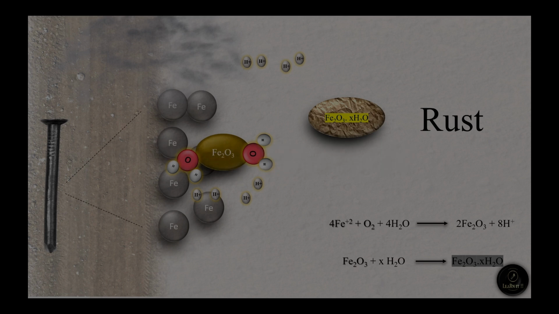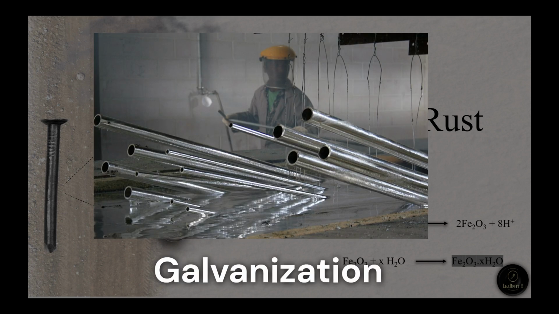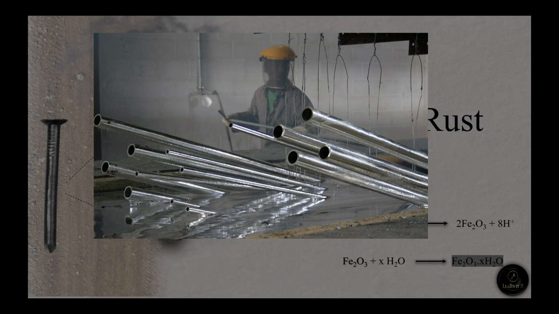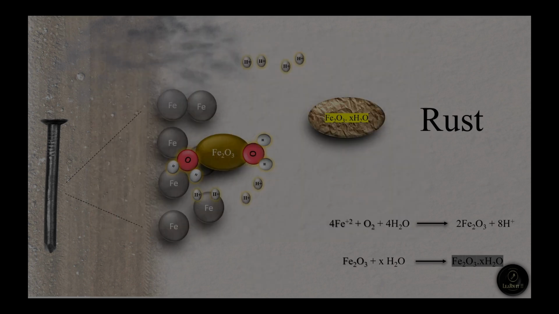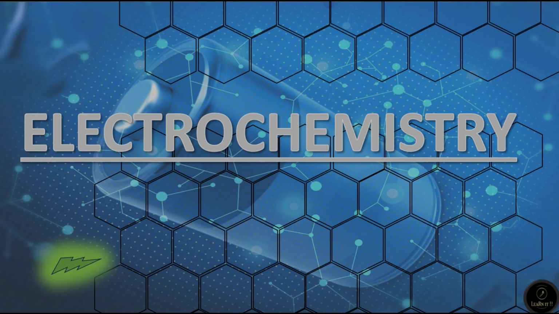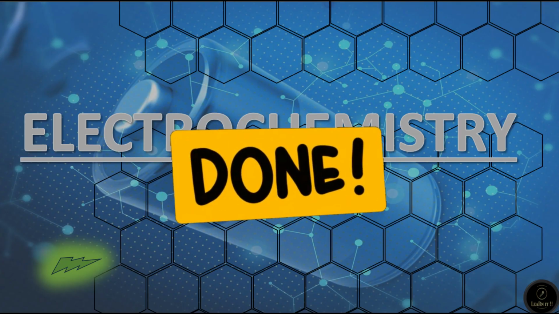It may be zinc. That process is called galvanization. During galvanization, the zinc is deposited over the other metal. So this completes the electrochemistry chapter.